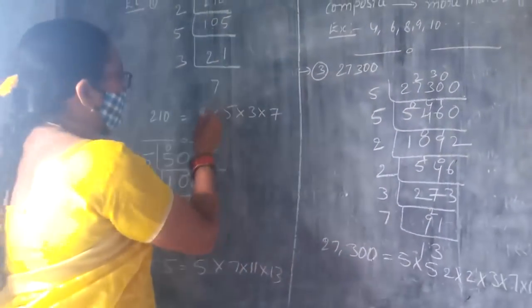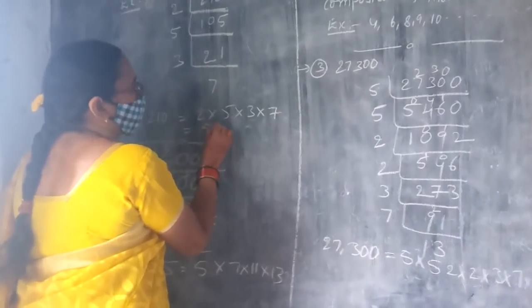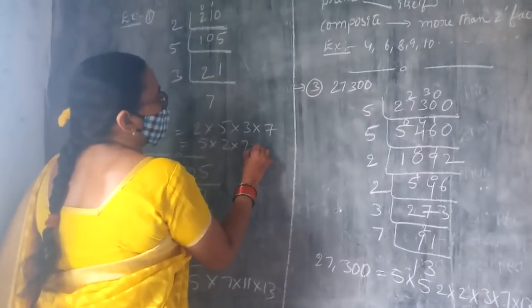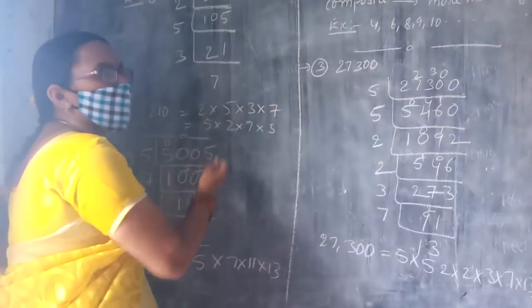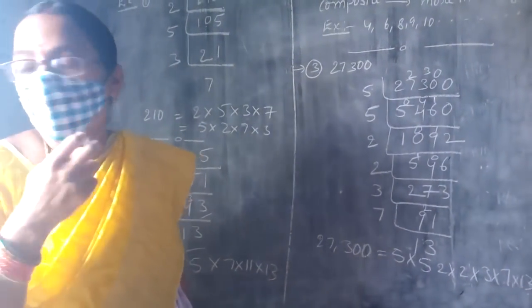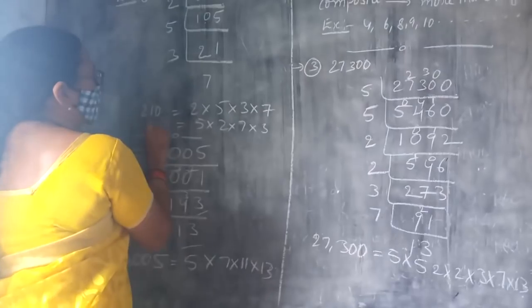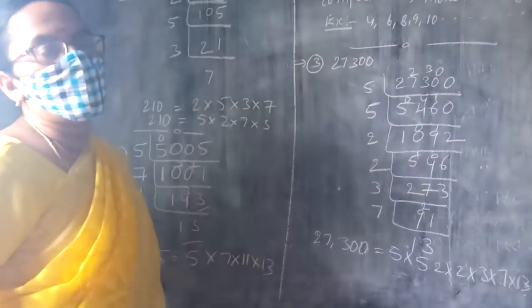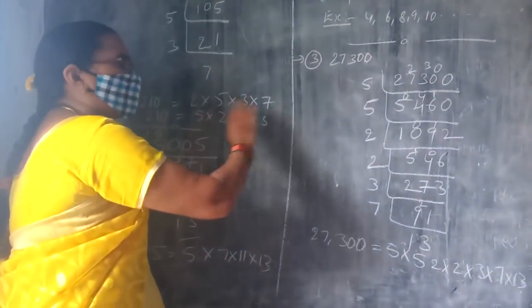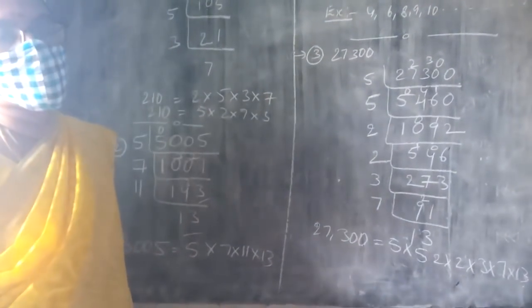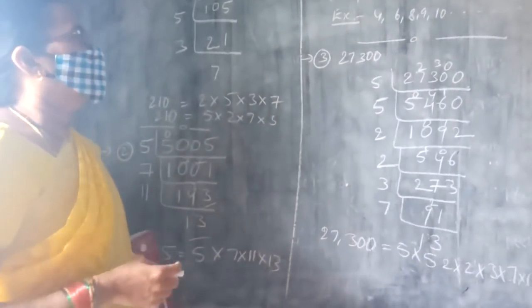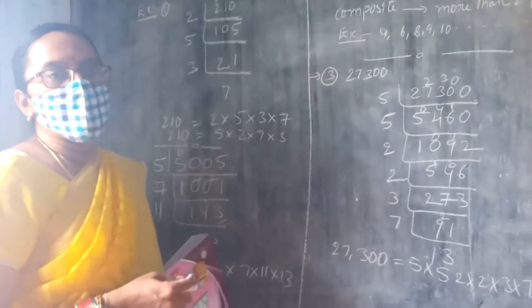If you change the order of the prime numbers like 5, 2, 3, 7, is there any change? No. The product is 210. If you change the order, the product is not changed. This states the fundamental theorem.